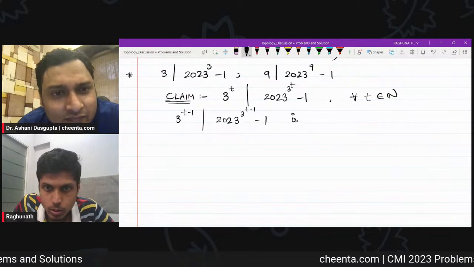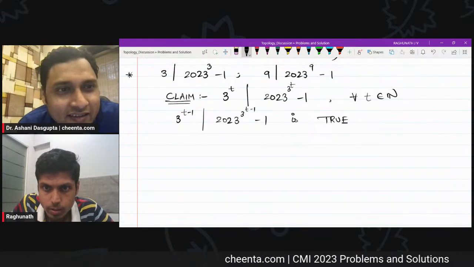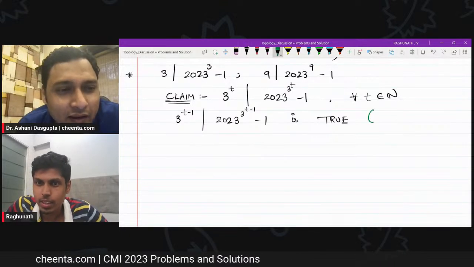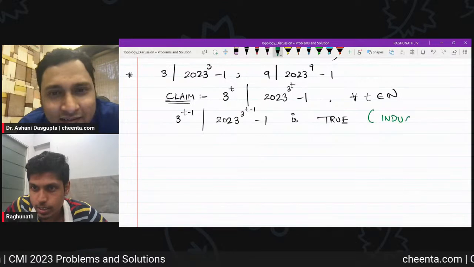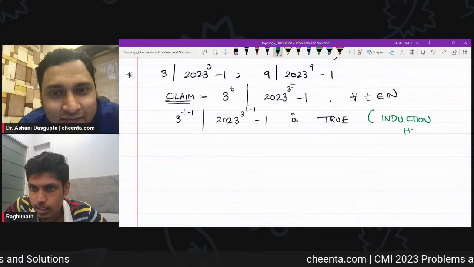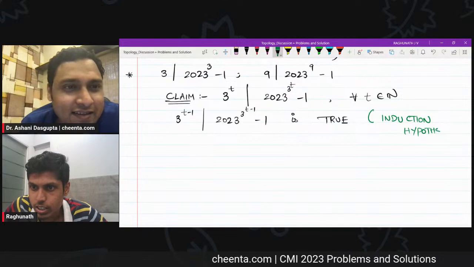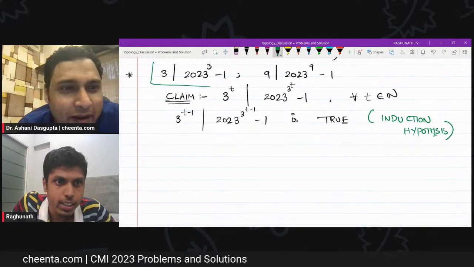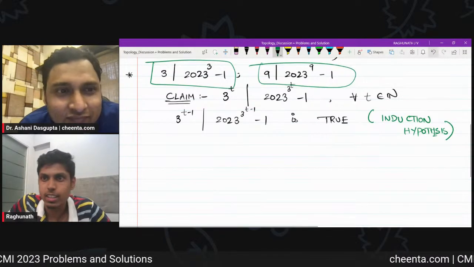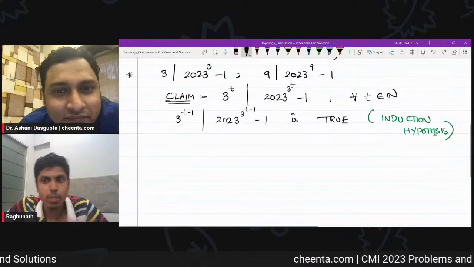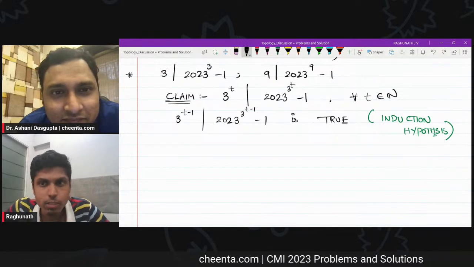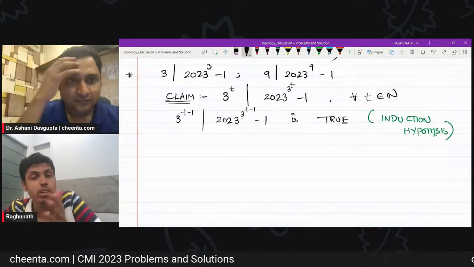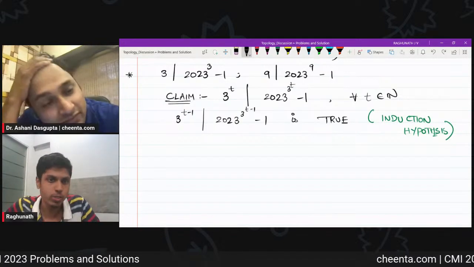The base cases for t equal to 1 and 2 are already proved by hand. We just have to prove that if it is true for t minus 1, it must be true for 3 power t, and then it follows by induction.